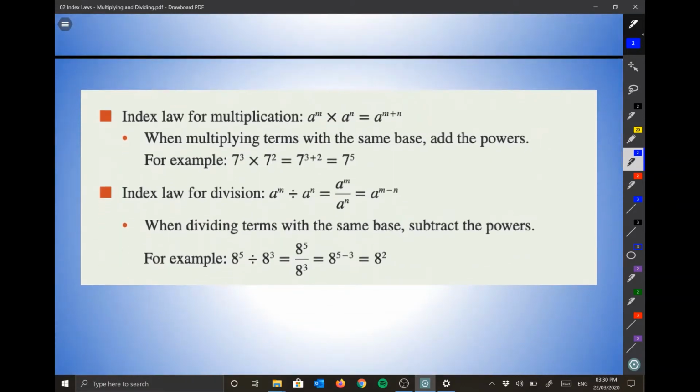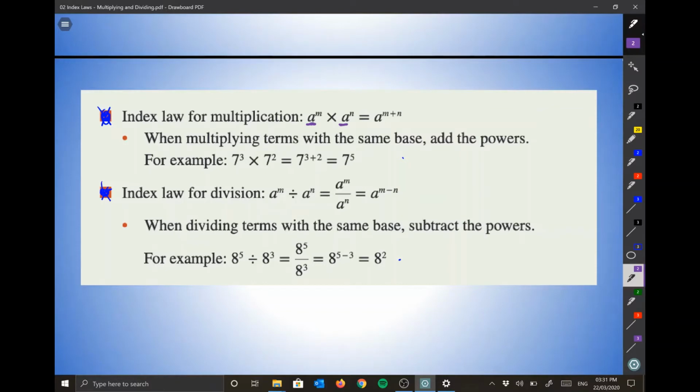Alright, moving on to new content for today. What I'd love for you guys to write down is this line here and this line here. We'll be doing some examples in a second. What we're looking at here, though, is we have a term with a power, a to the power of m, times a to a different power, a to the power of n.